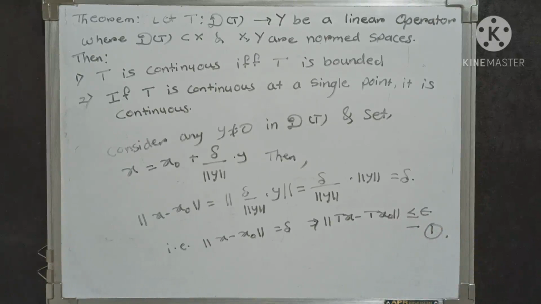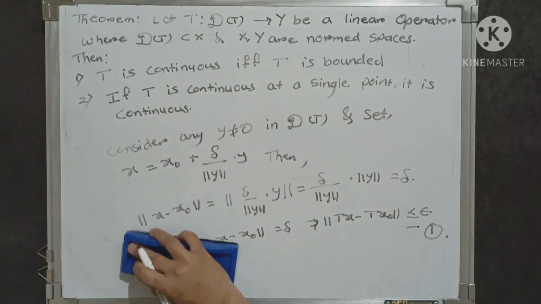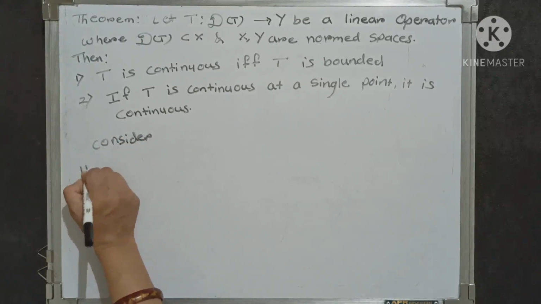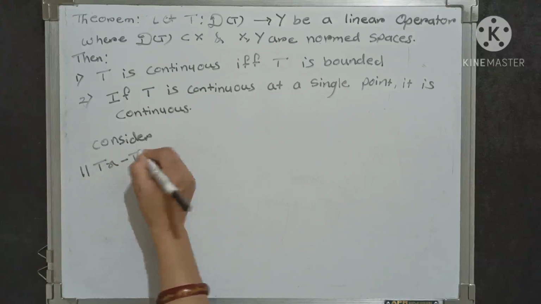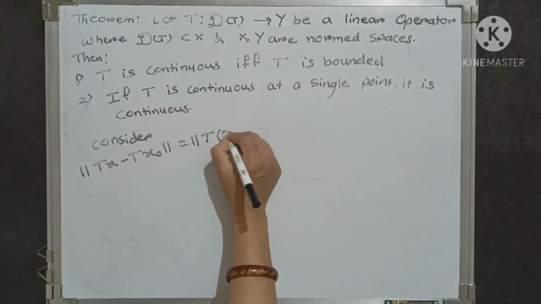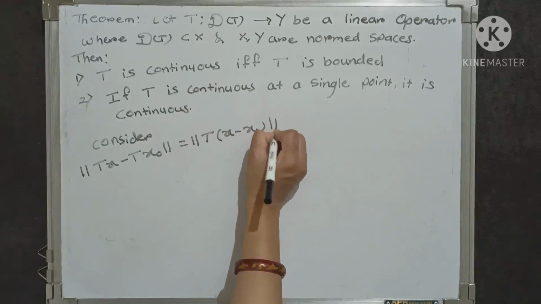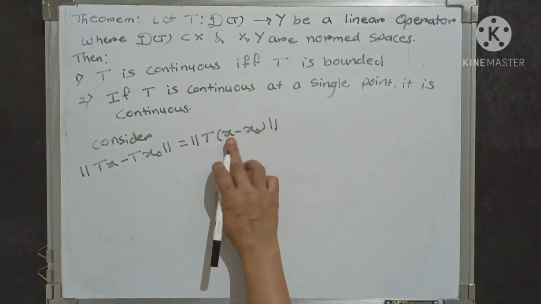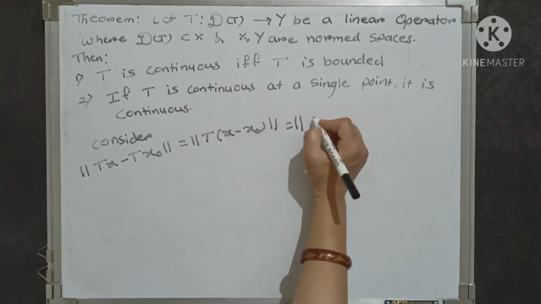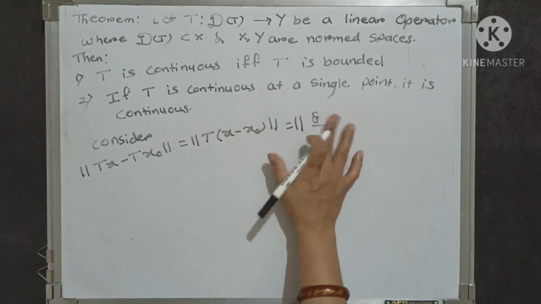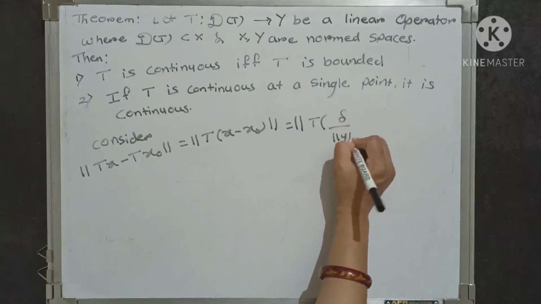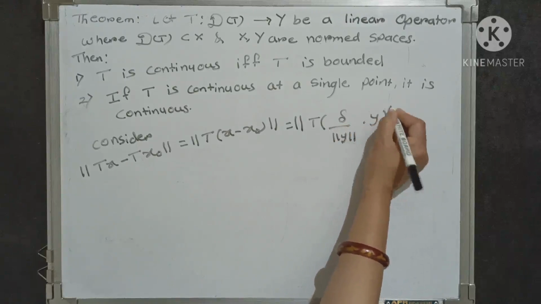Now we consider norm of Tx minus Tx naught. As T is linear, we can write it as the norm of T of x minus x naught. Here we put the value of x minus x naught, which is delta divided by norm of y into y, so we get T of delta divided by norm of y into y.